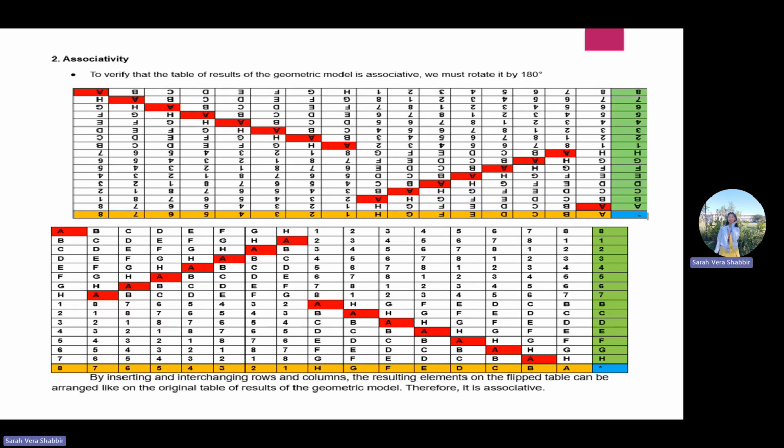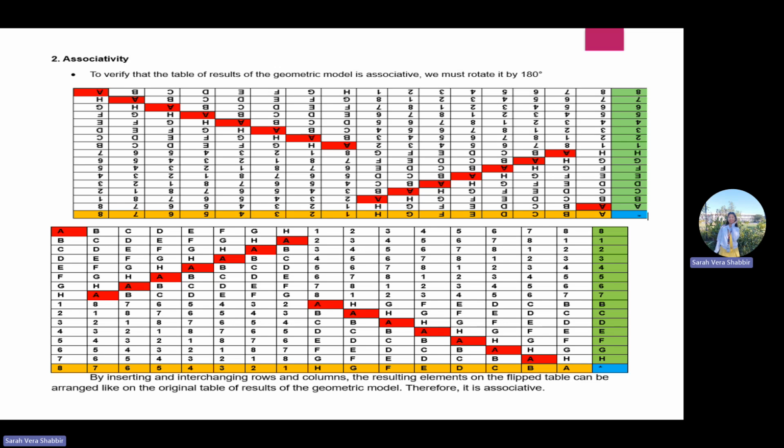Next, we need to verify that the table of results of the geometric model is associative. To do that, we must rotate it by 180 degrees. So this is what I did. By inserting and interchanging rows and columns, the resulting elements on the flip table can be arranged like on the original table of results of the geometric model.